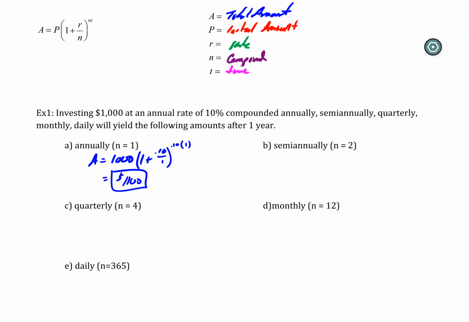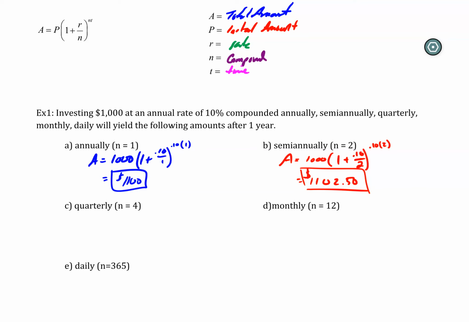Semi-annually, same scenario, but now we have 1,000 times 1 plus 0.10 over 2, raised to the 0.10 times 2. Again, I would personally simplify this so I don't have to plug all of it in. Plugging this into the calculator, I'm getting 1,102.50. So not a dramatic change, but as you can see, it does increase.